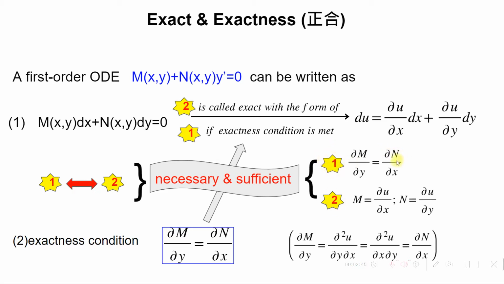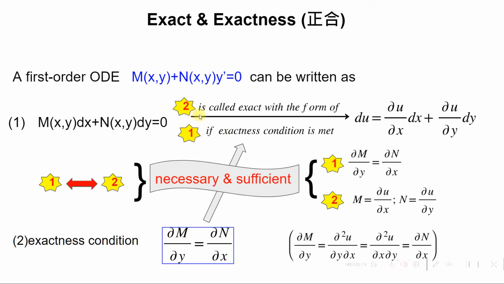Statement 1 is about the exactness condition, and statement 2 is about the exactness of the ODE, meaning that the ODE has the form of this total differentiation of the function u. So we decide to go through the reasoning process from statement 2 to statement 1. Please remember, statement 1 is our goal of reasoning. So let's start from statement 2.